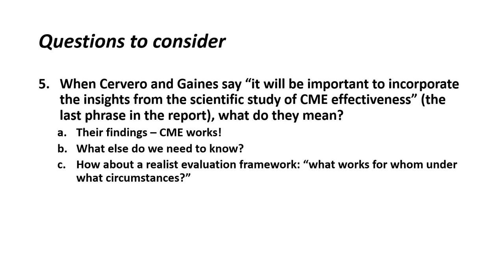I think that the Realist evaluation framework provides a useful lens to begin to look at the contextual issues that we were discussing before, the translational science kinds of things that we just mentioned, in terms of what their framework is, and that is what works for whom under what circumstances. So I'd like to hear some comments on that and whether or not anyone has had some experience working with the Realist framework.